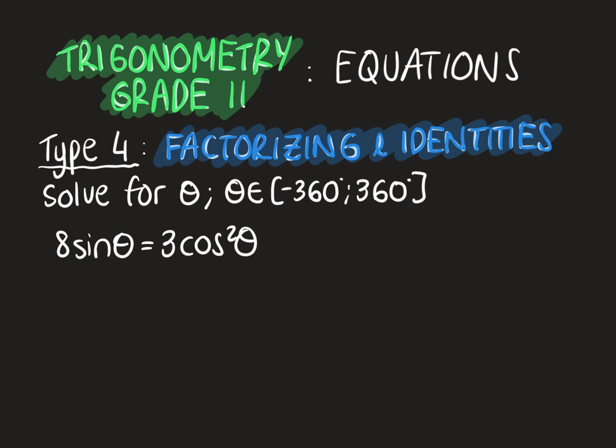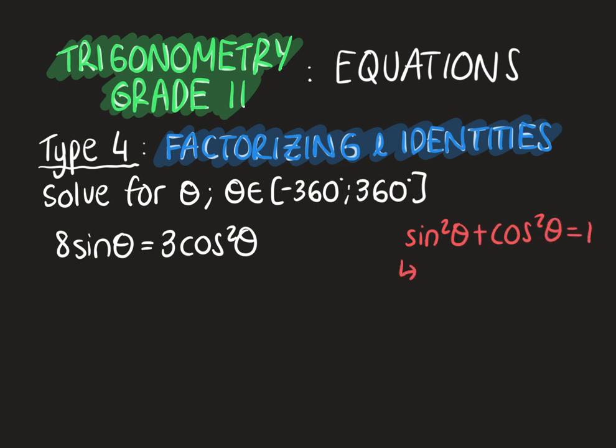of methods. So the first thing that I can see is that I'm dealing with sines and coses, but the one thing that I can't change is the sine, but I can change the cos squared into a sine using my identities. So just a reminder, our Pythagorean identity for trigonometry is sine squared theta plus cos squared theta equals 1.